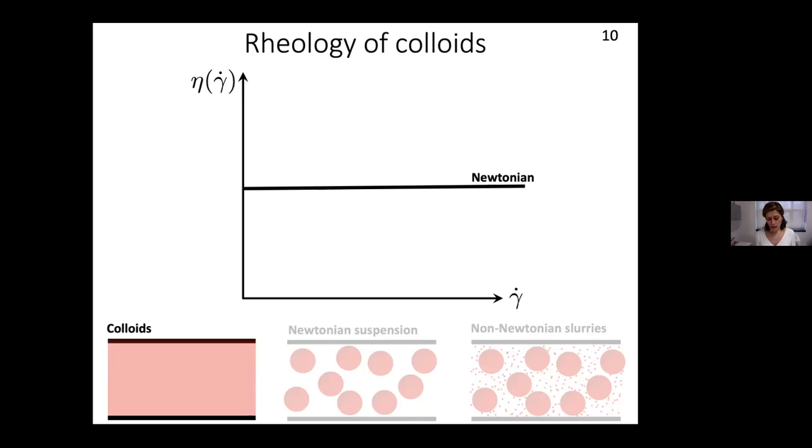And in this talk, we're going to focus on generalized Newtonian laws. So by that, we know that if there was no colloidal particle in the solvent, the viscosity is constant as a function of shear rate.